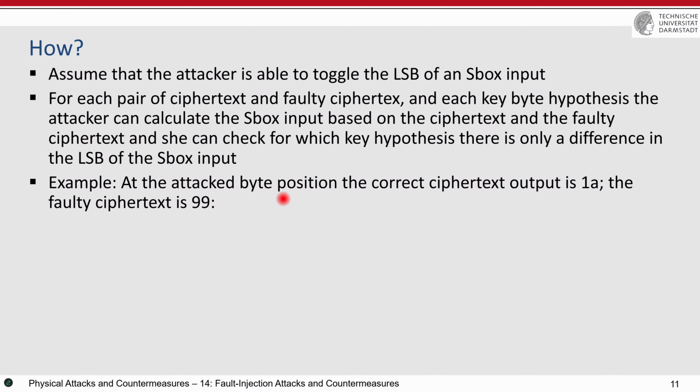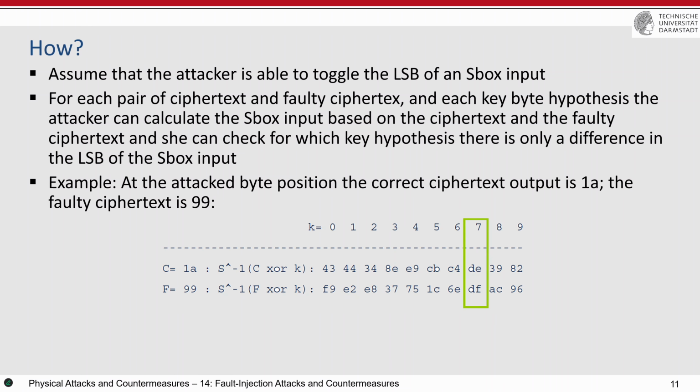Suppose that at the attacked byte position the correct ciphertext output is 1A, and the faulty ciphertext is 99. You injected the fault, you toggled the LSB, and so the ciphertext is 1A and the faulty ciphertext is 99 hex.